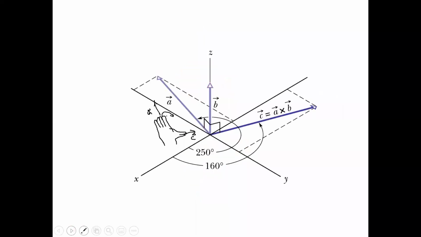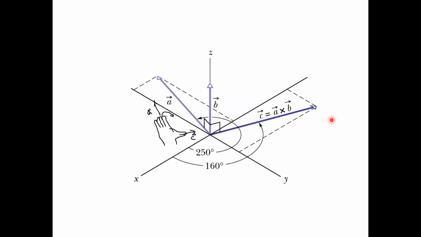Now, for example, A is along the XY plane, making an angle of 250 degrees to the x-axis, and B is along the z-axis. So the cross product between A and B is going to point this way.